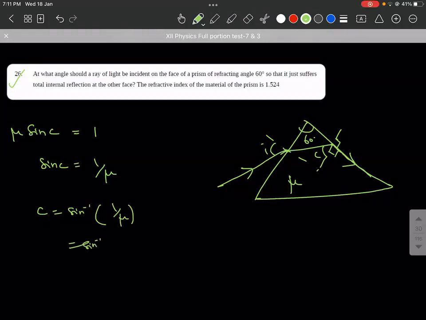So sine inverse of 1 divided by mu is 1.524. Right. Oh, but they're asking angle I. So how to calculate angle I?